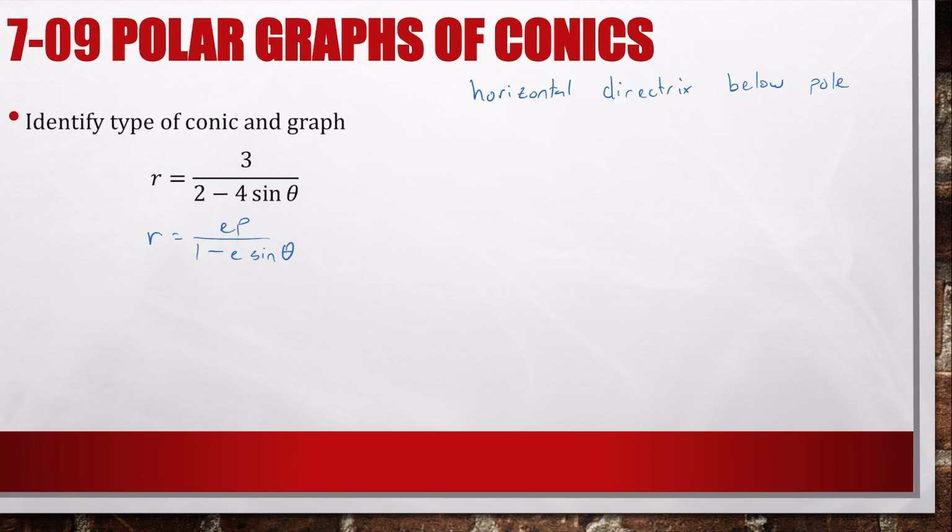I want the denominator to start with a 1, so I'm going to multiply top and bottom by a half, which means the 2 is E. That is greater than 1. That makes it a hyperbola.